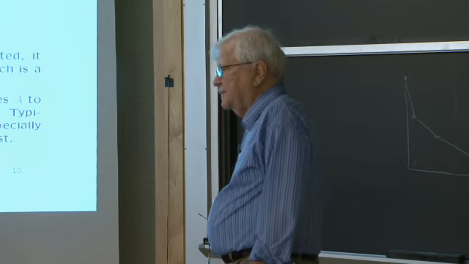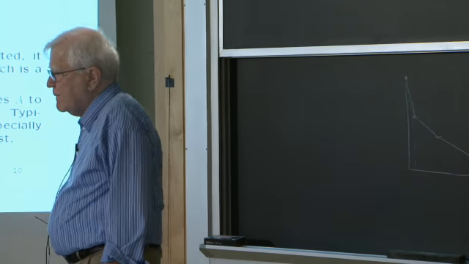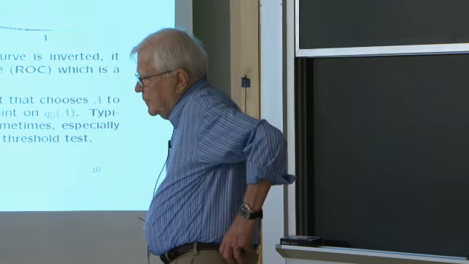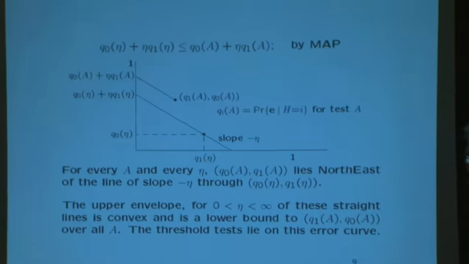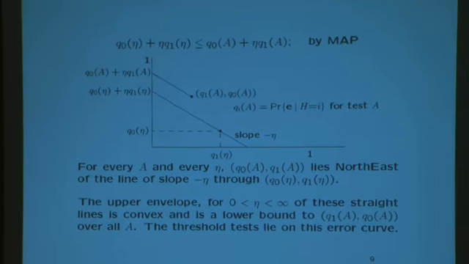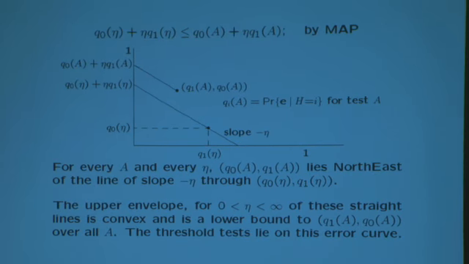Yes. If you can put the previous slide back, you told us that because of maximum a posteriori probability, if eta is equal to P0 divided by P1, the probability of error is minimized.